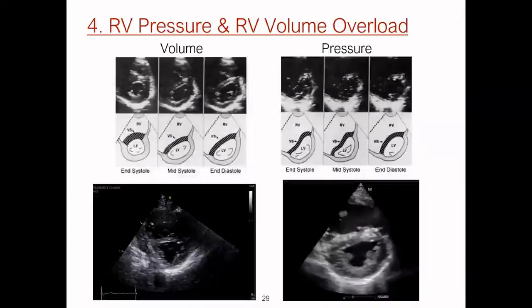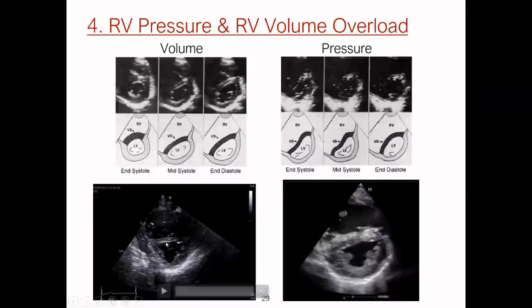Now, quickly go through RV pressure and RV volume overload. So with patients who have an ASD or a VSD, after the left heart is dilated, it will affect the right side. You will get pressure and volume overload.